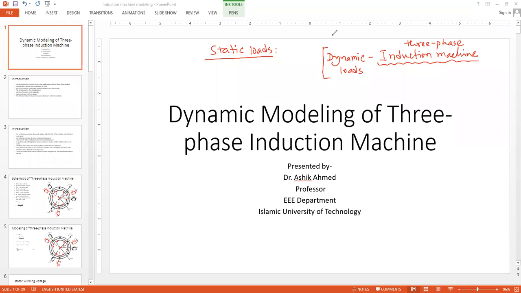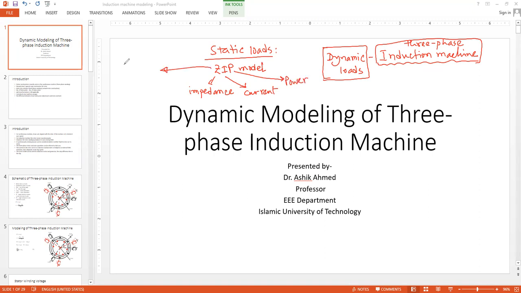So while we consider the dynamic modeling of the load side, in this course we will be mainly focusing on the dynamic modeling of the three-phase induction machine. However, in the case of static loads, generally what we can get is what they call the ZIP model, where Z stands for impedance, I stands for current, and P stands for real power.